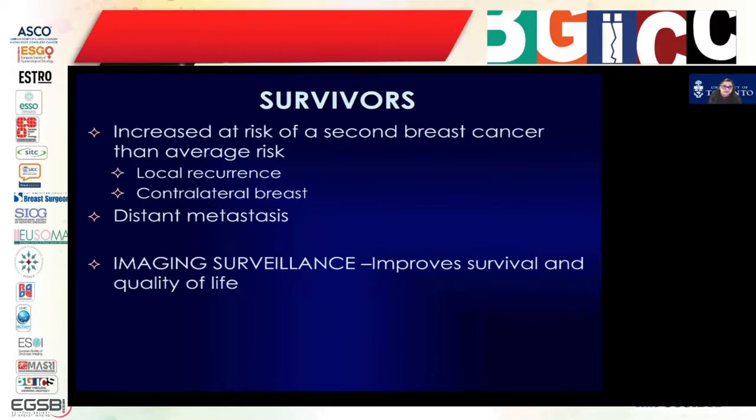There could be a higher incidence of developing a breast cancer in the contralateral breast. And of course, there's always distant metastasis if there is a local recurrence. Imaging surveillance has proven that it does improve survival and it does improve quality of life. But what we want to discuss is what type of imaging surveillance should be offered and how we do it.